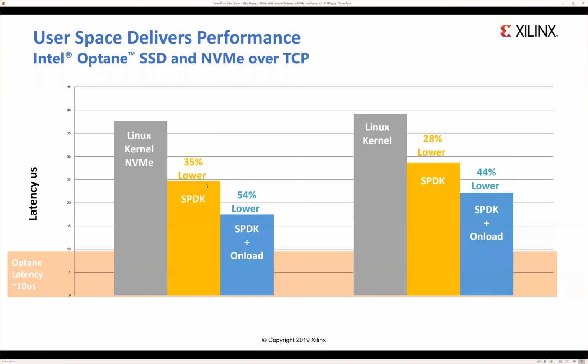Just running SPDK, going through the Linux kernel off the network into SPDK, you drop the latency by 35%, and then bypassing the kernel completely, coming through Onload straight to SPDK, back to the SSDs, a 54% drop in latency. We demonstrated this on a 100 gig adapter using our Onload technology combined with SPDK.